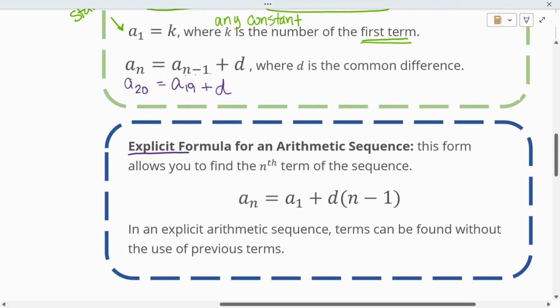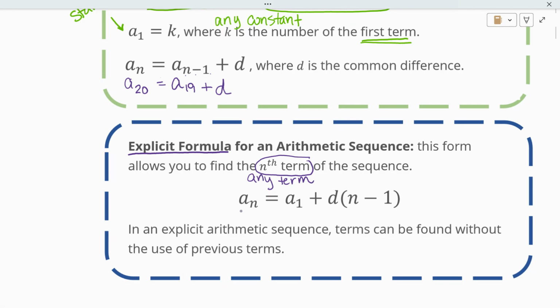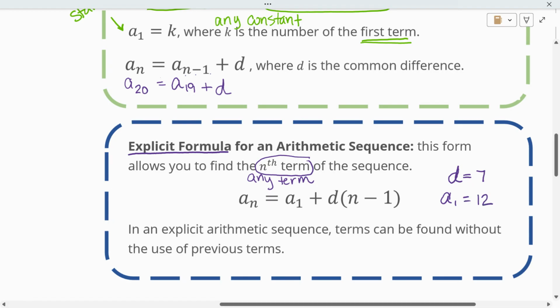The explicit formula allows you to find any term. When we say this phrase, the nth term, it just means any term in the sequence, any term, okay? So let's say that I knew the common difference was 7, and let's say that my first term was 12, okay?